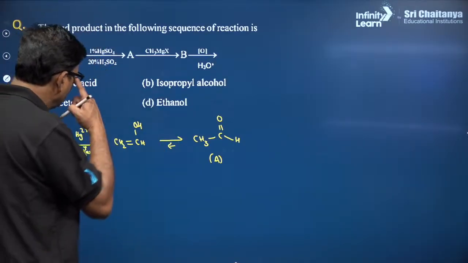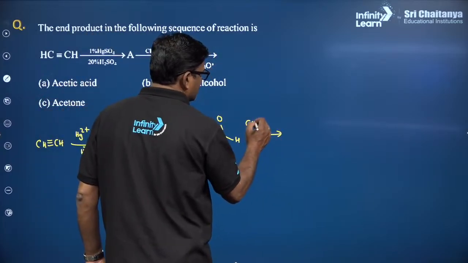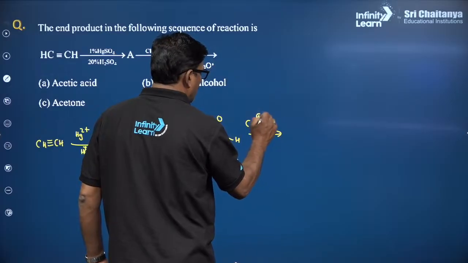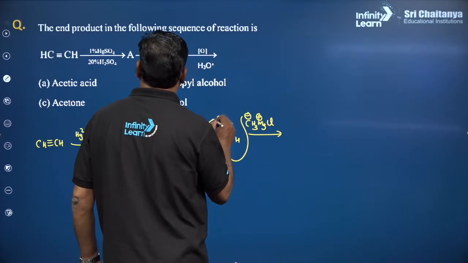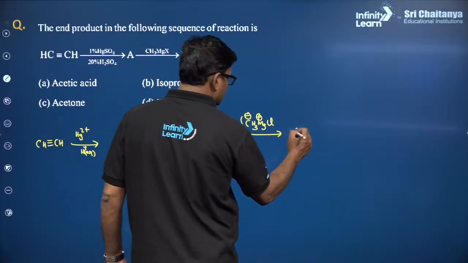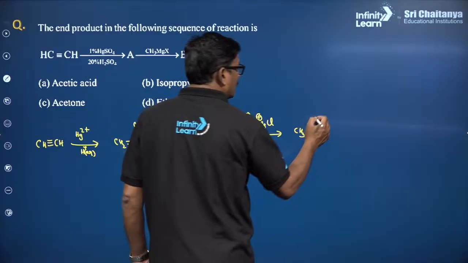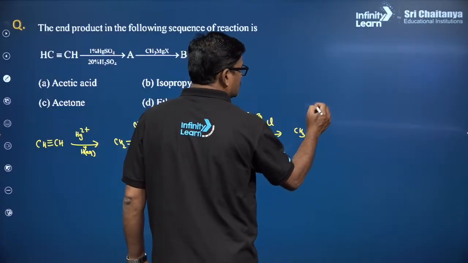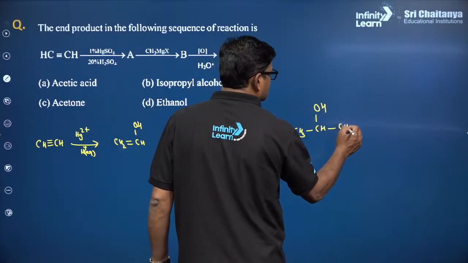Now, when it is treated with methyl magnesium halide, CH3MgCl or whichever halide, it is going to be a perfect nucleophile. Further, you're going to get CH3, then hydrolysis. Okay, you got OH and CH3.